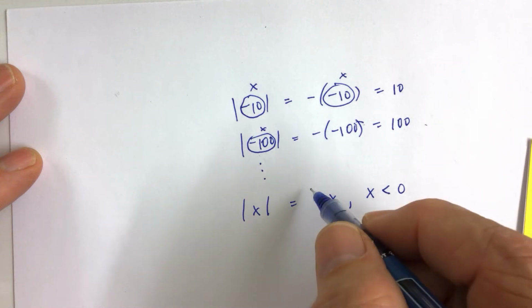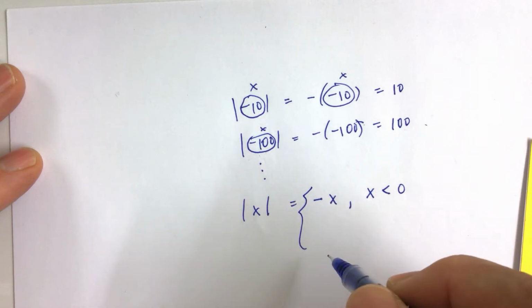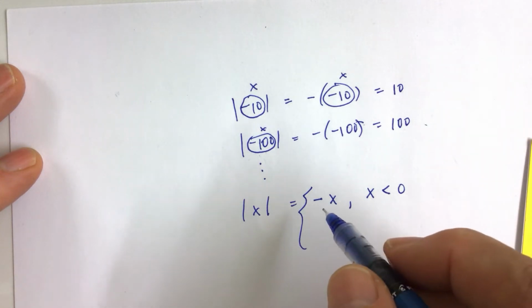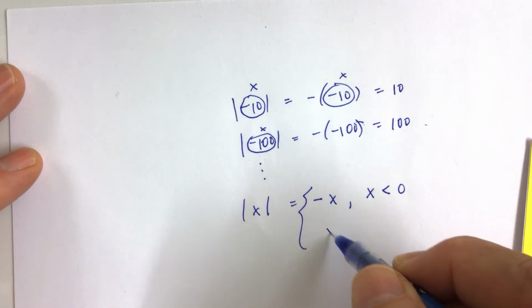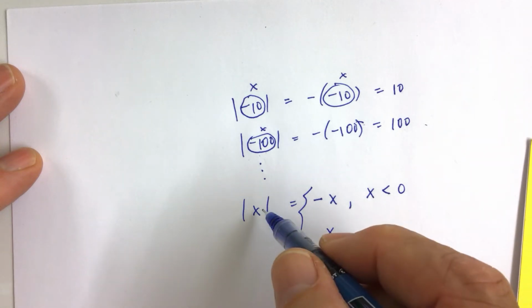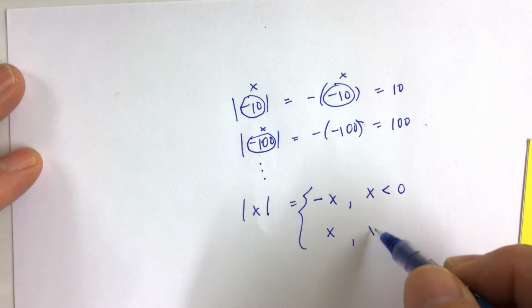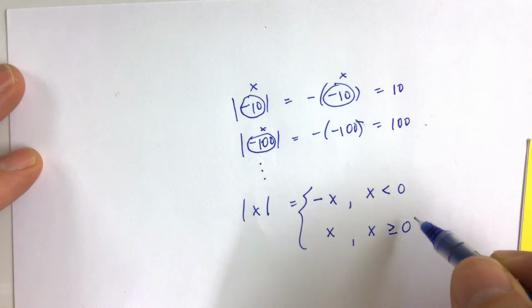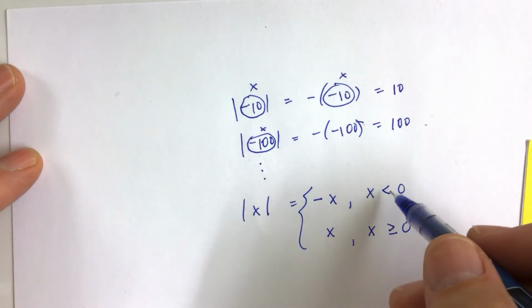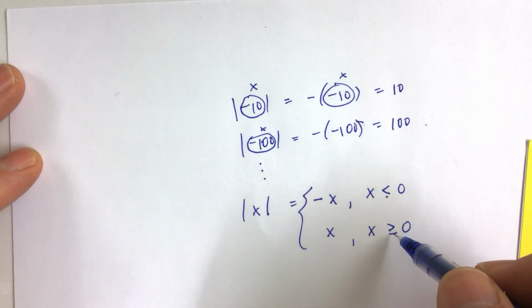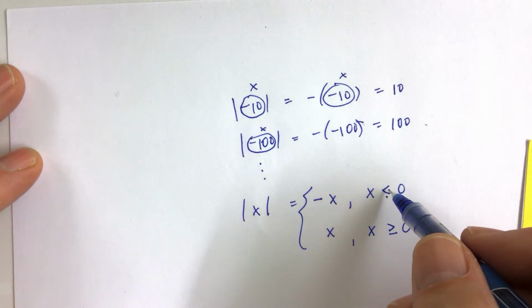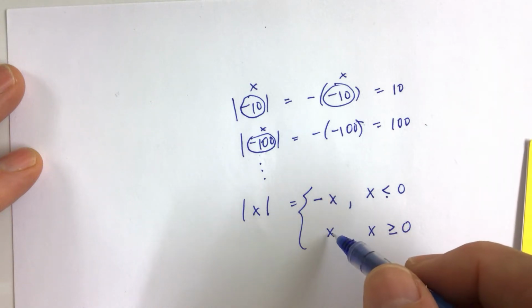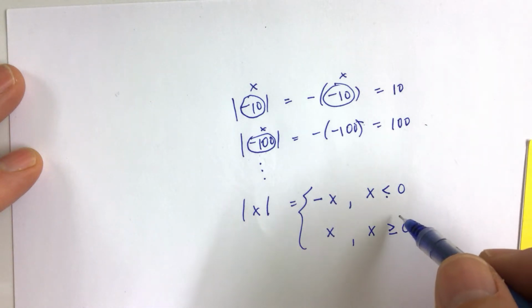And so really, you can look at the absolute value of x as a piecewise function. We could say the absolute value of x is just x if x happens to be greater than or equal to 0. We could put the equal sign up here, or we could put it down there. It doesn't really matter, because negative 0 is the same as positive 0. This is just typically the way we would write it.